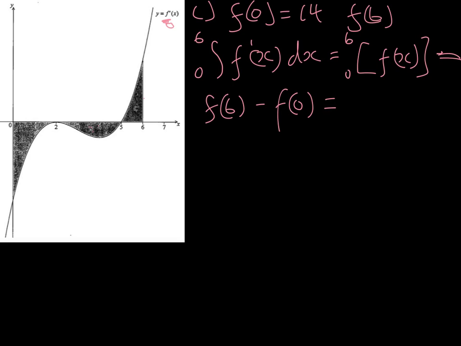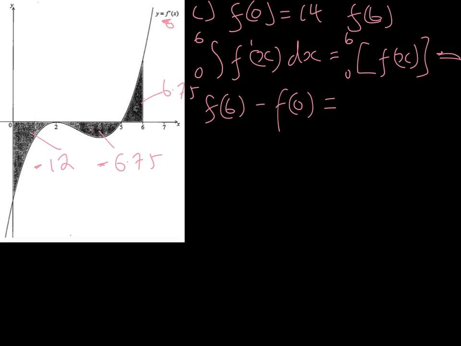When we're looking at the areas, we are told that the area in section A is 12, the area in section B is 6.75, and the area in C is 6.75. However, because these are underneath the x-axis, if we integrate, these values are actually negative.